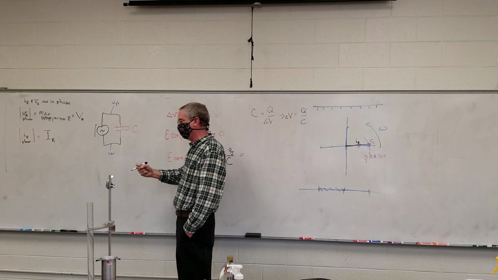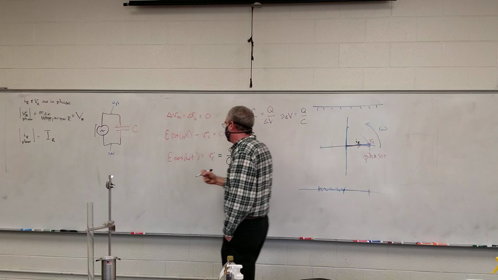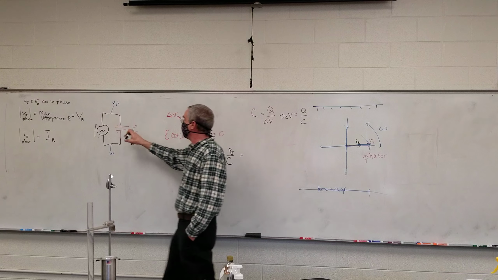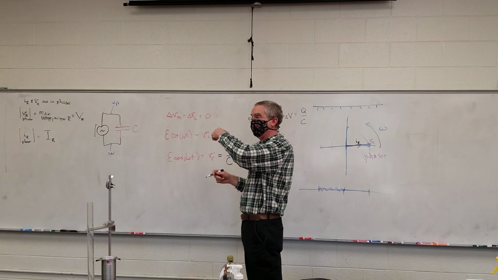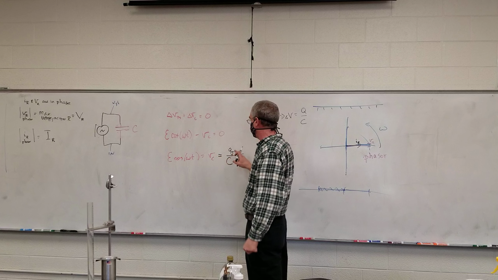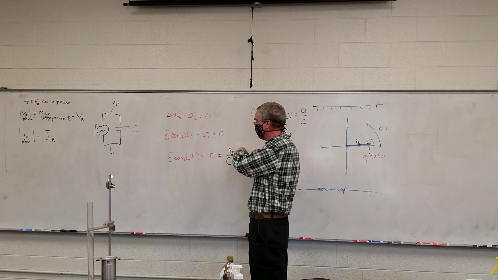Trying to avoid getting into the minutia quite yet. That's the charge on a plate, so it would start out with a positive charge on that plate, and then it would go to a negative charge, so Q is actually gonna oscillate back and forth, this is not an absolute value.